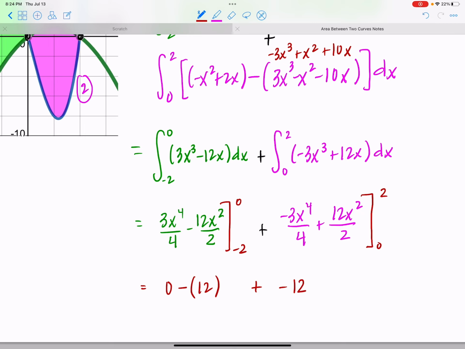And then plug in a 2 here. 2 squared is 4. 4 times 12 is 48, divided by 2 is 24. So positive 24. And then from that, I want to subtract, I plug in a 0, so that's going to be 0 again. So I have a -12. And then over here, -12. Uh-oh.